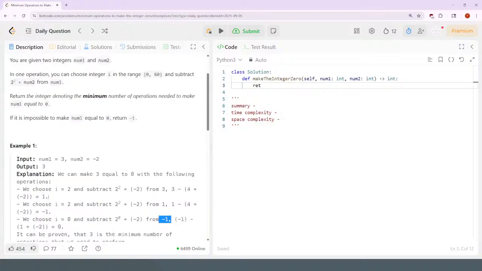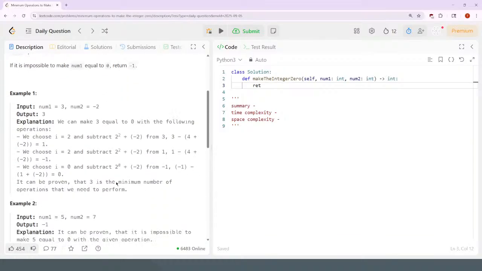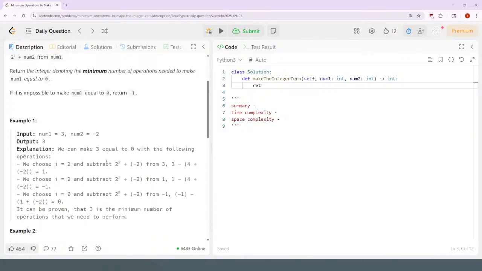So with 3, you wouldn't choose 4, although you could choose 4, no? 3 minus 4 would give you -1. No, you couldn't get 4. Yeah, you could get 6, since 8 minus 2 is 6. So 3 minus 6 would give you -3. Yeah, you'd always choose something smaller, I think.